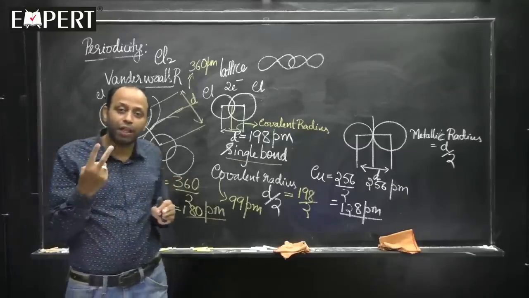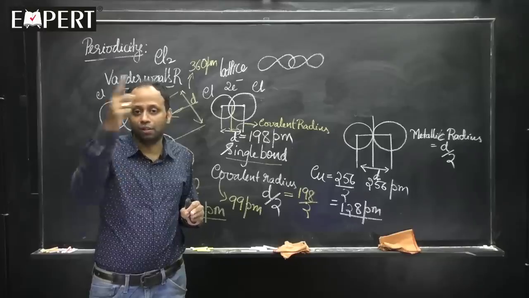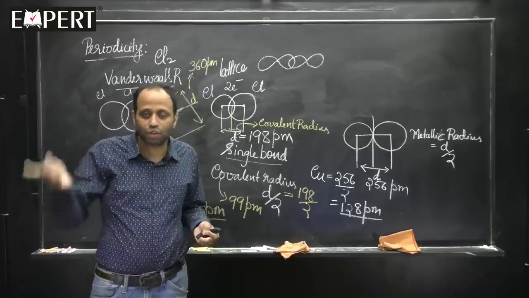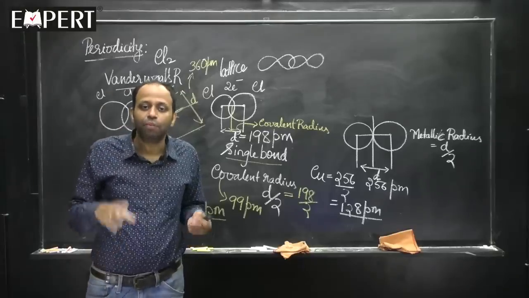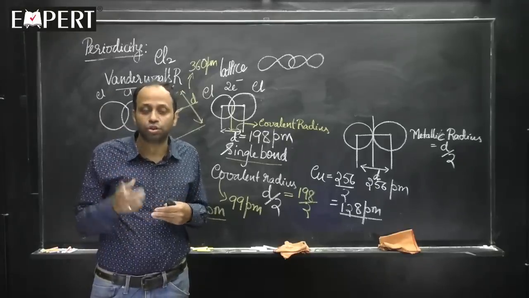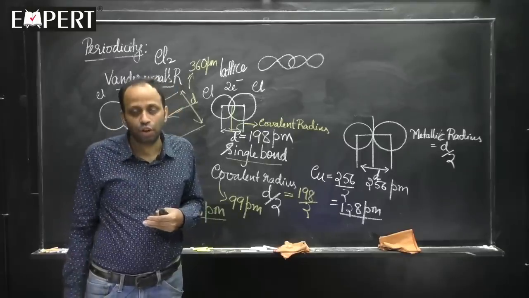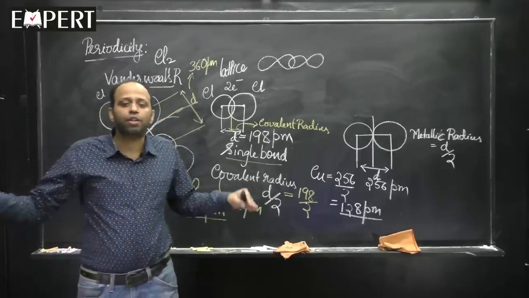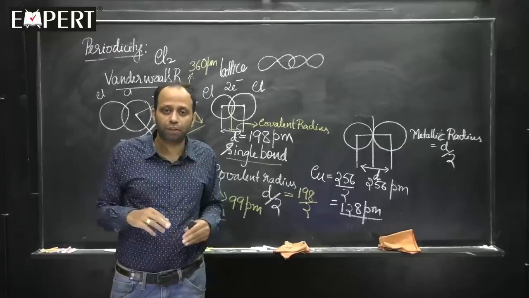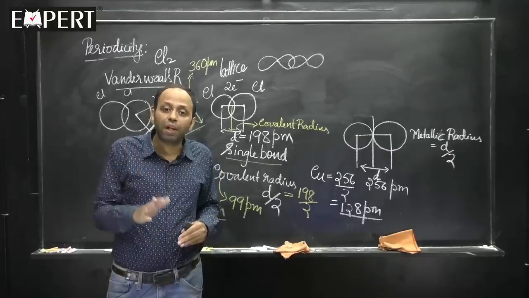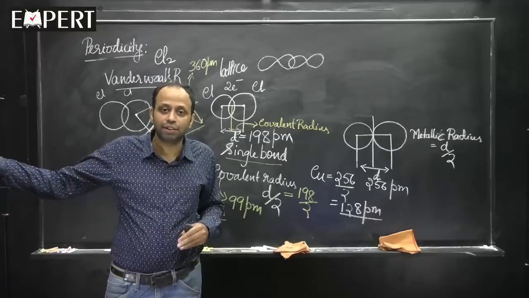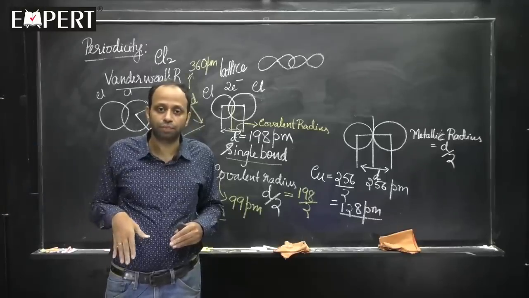So, chlorine has how many radii now? 2. For a circle it has only 1 radius, for a sphere it has 1 radius, correct. But here it is because of the way you measure. So, whenever you are specifying the radius, you should not just say atomic radius of chlorine is 99 picometer. What should you say? Covalent radius of chlorine is 99 picometer.